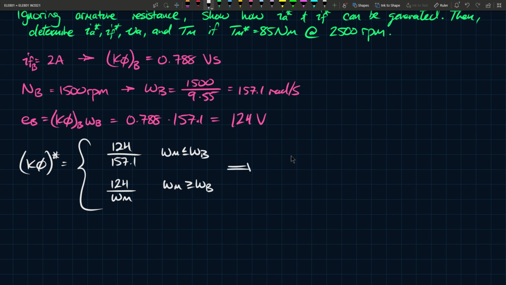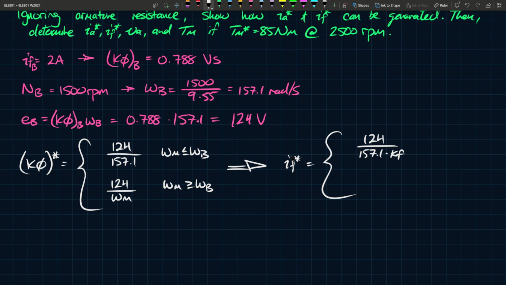And this can be translated into the following characteristic for the field current, and that's 124 divided by omega b, in this case again 157.1, times kf, and this is where the kf from the previous part comes in handy, because you can approximate this as being a linear relationship so long as you maintain that your motor current is within the linear region of the magnetization curve.